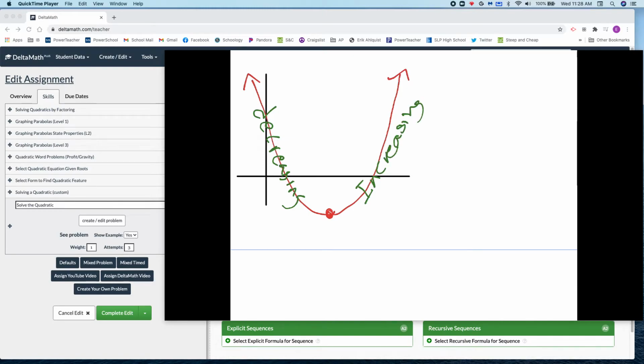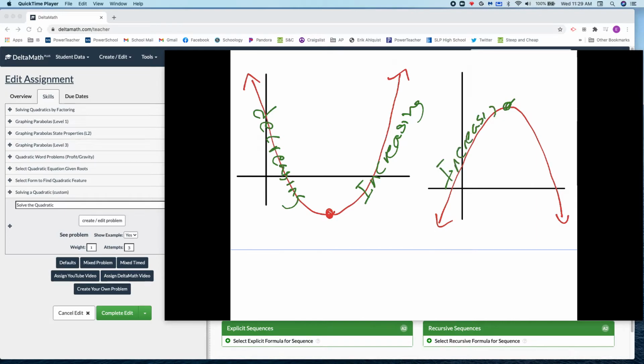Similarly, if you flip this parabola around, so I draw a parabola where the a value is negative, something like this, notice that in that case, all the way up to this vertex the graph is increasing, and here the graph is decreasing.